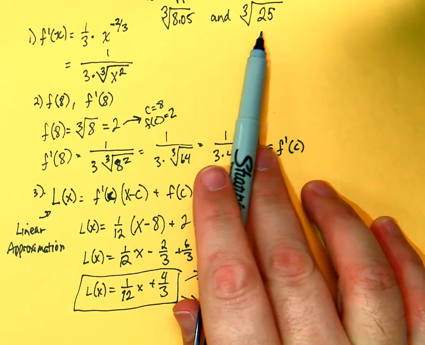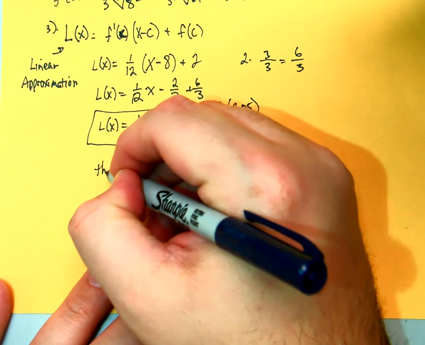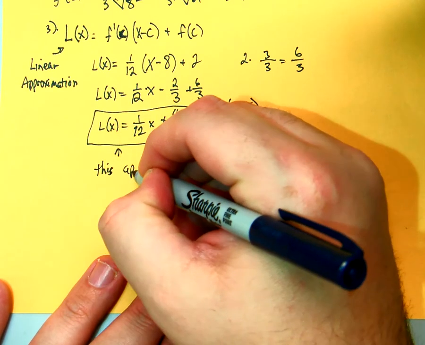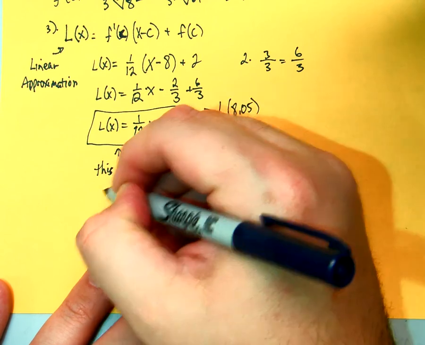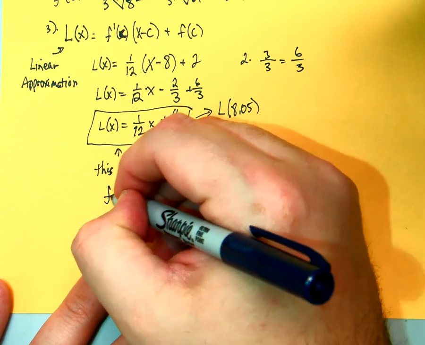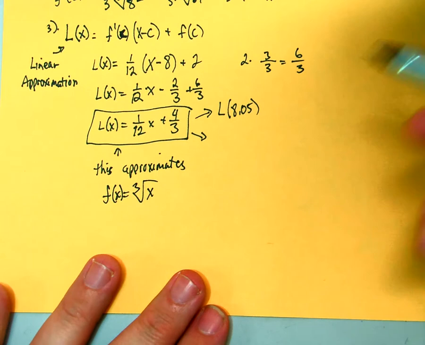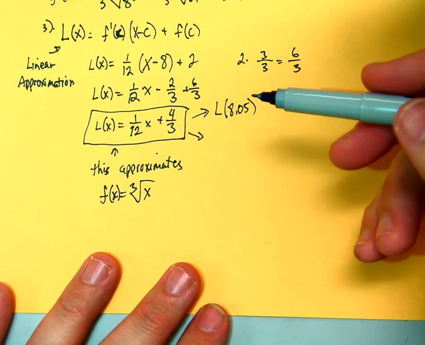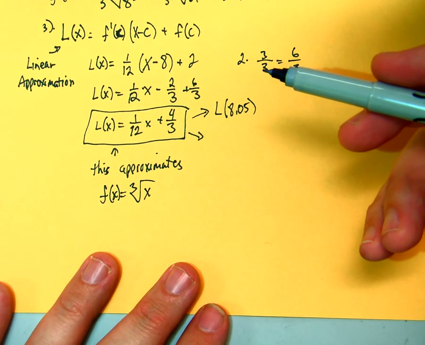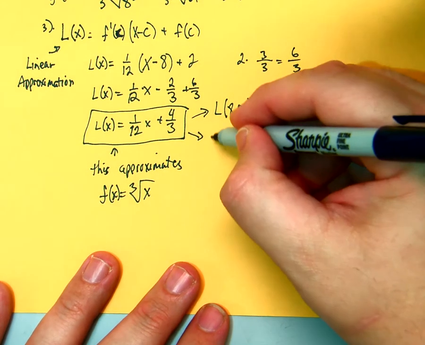So now this line is going to give us an approximation of the cube root of x, which is nice. So I need L of 8.05 and L of 25.